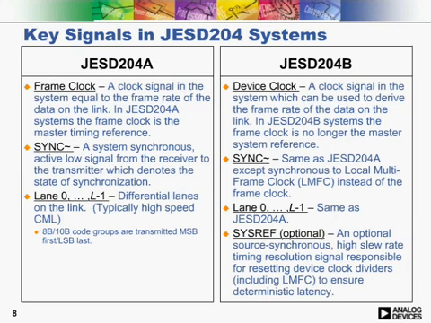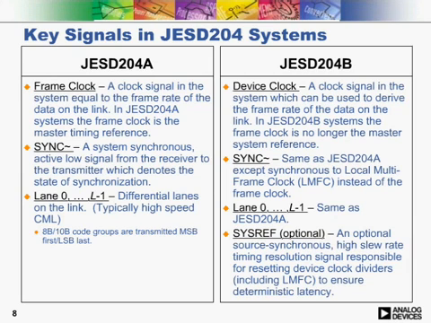The sync bar signal is a system synchronous active low signal that goes from the receiver to the transmitter and denotes the state of synchronization. This signal is synchronous to the frame clock in 204A and to the local multi-frame clock in JESD204B. When the signal is low, it implies the receiver and transmitter are synchronizing.